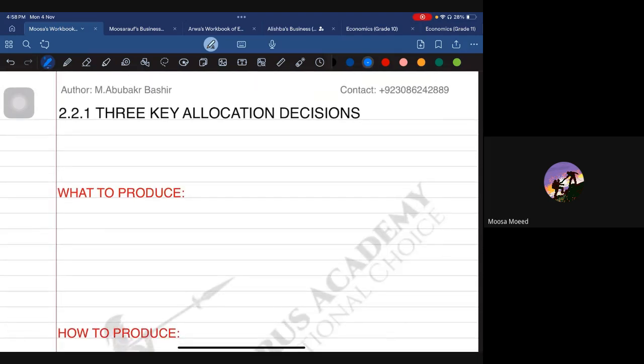So, three key allocation decisions that the firms are facing. Three fundamental questions. हाँ जी, वो क्या है fundamental questions? Three economic questions जो होते हैं.